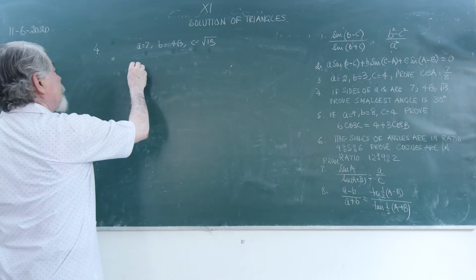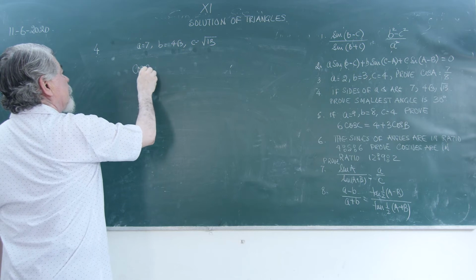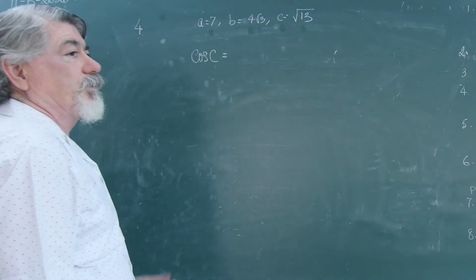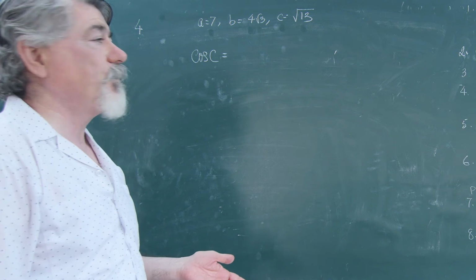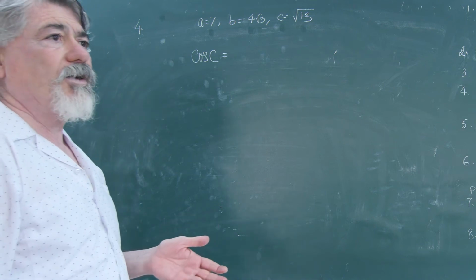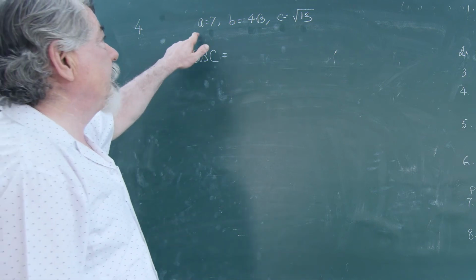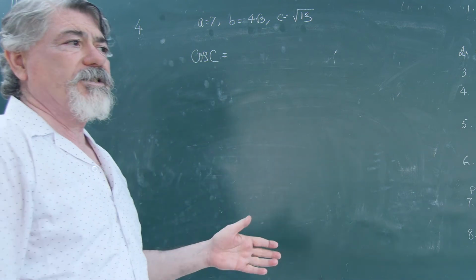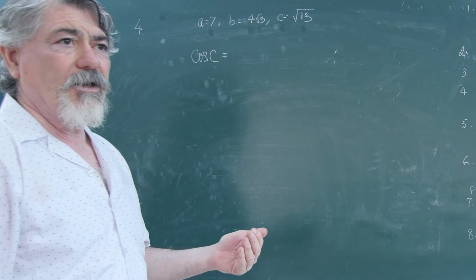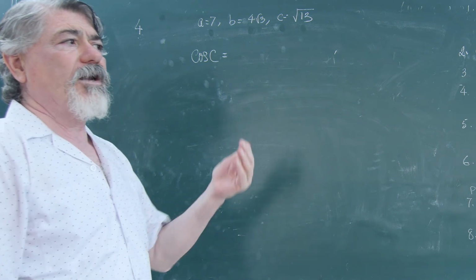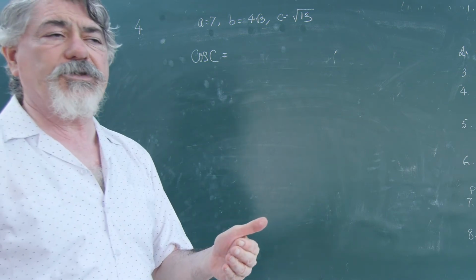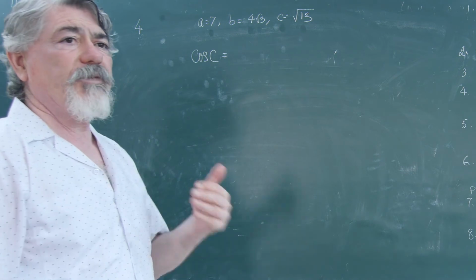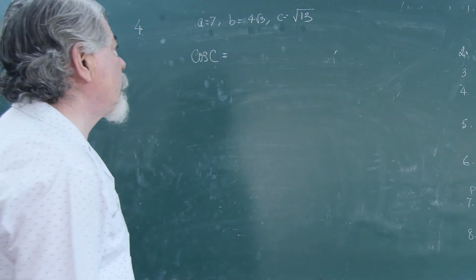So actually I need to calculate cos C only, because the smallest angle is opposite to the smallest side. That is the basic law of geometry: the bigger side will always have the bigger angle opposite to it, and the smaller side will always have the smaller angle opposite to it.